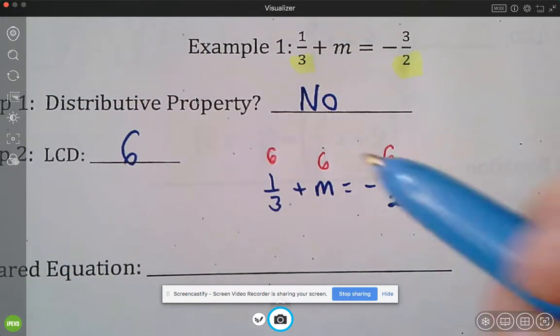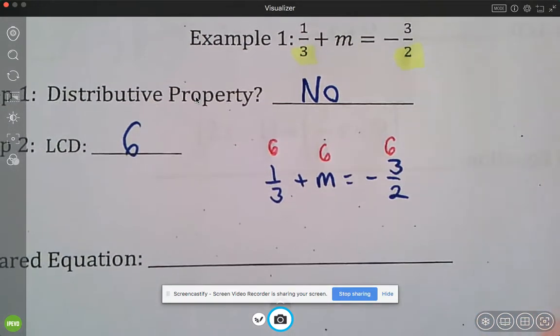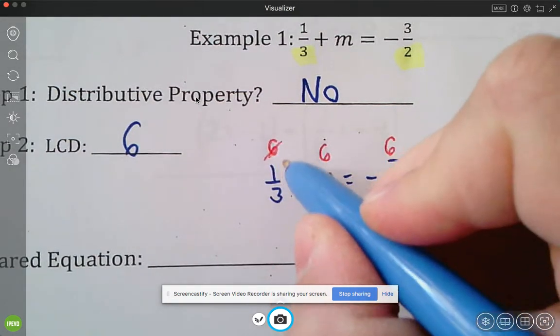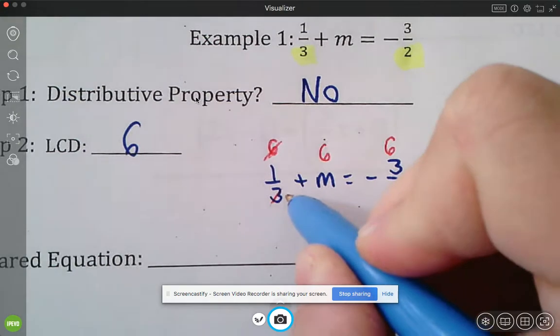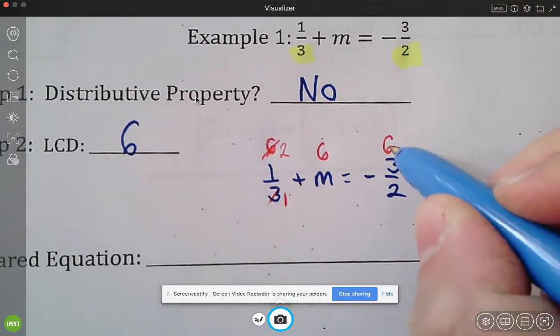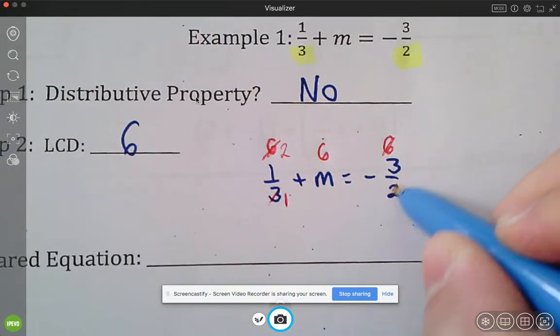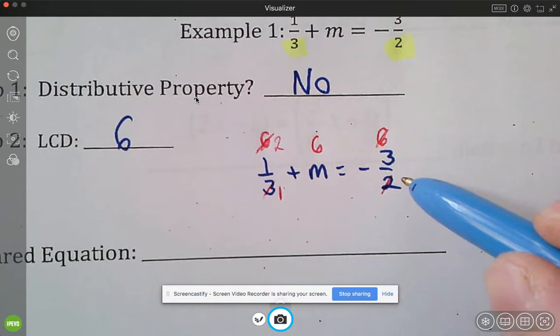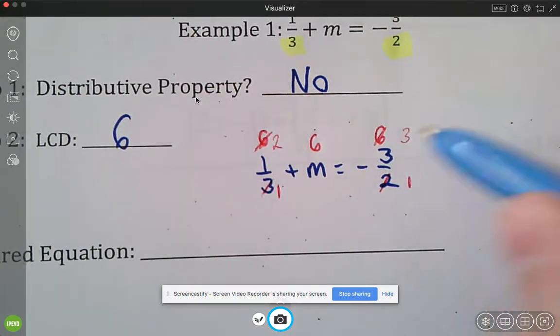Like we did before, I'm going to put little 6's above all of these terms, so every number gets multiplied by 6. Here, we can get in the habit of cross simplifying if you want. Cross this out, and this would become a 1, and this would become a 2. Same thing here. If we cross simplify it here, what would these two numbers become? This would become a 1, and this would become a 3.